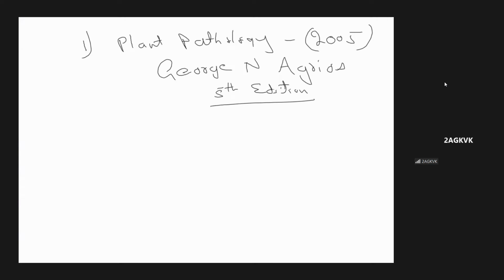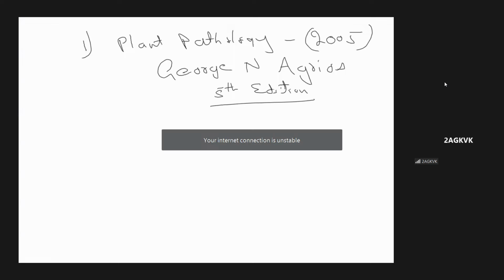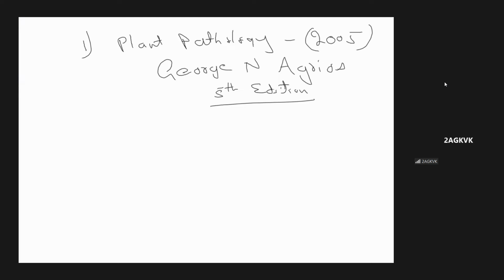It also covers resistance and modern management of plant diseases. I am specifying this particular book because if you read it, it gives a holistic understanding of plant pathology. I can say it is an excellent book for anyone who wants to practice plant pathology.